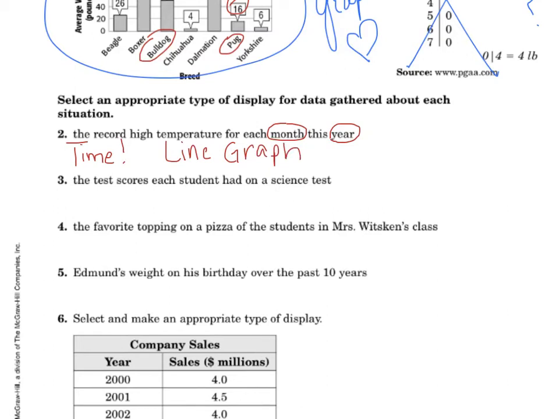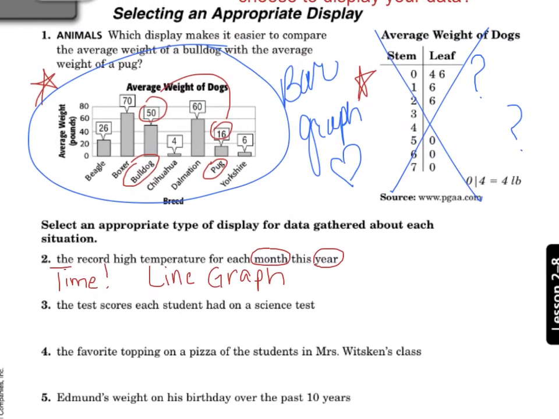Okay, number 3 says the test scores each student had on a science test. So that's a lot of numbers that you're looking at. And one of the best ways that you can display that information is like this one right here. We could put all the scores on a stem and leaf plot.